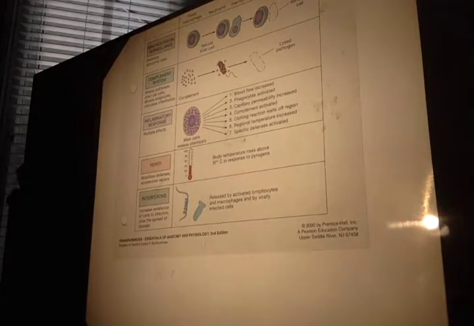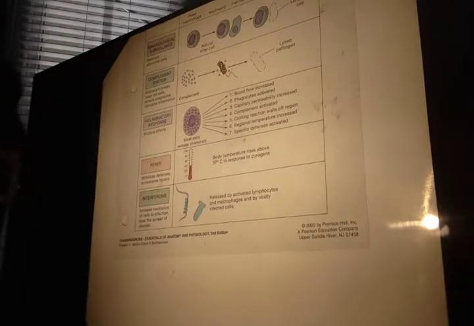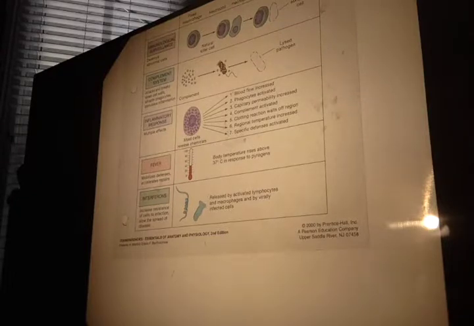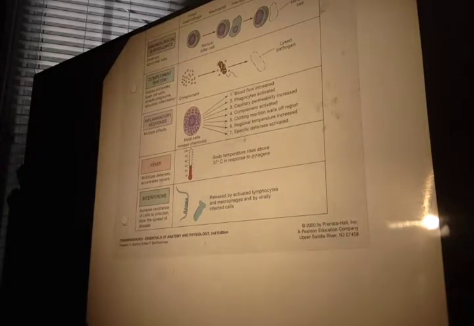Interferons do a couple of things. Interferons also enhance the inflammatory response. When you have a viral infection and you run a fever and feel like garbage, a lot of that is being produced by interferon.